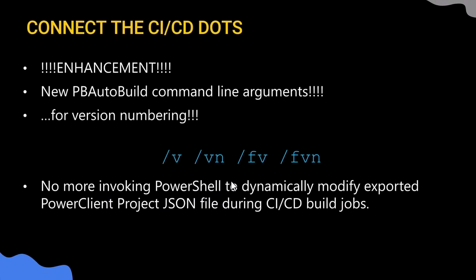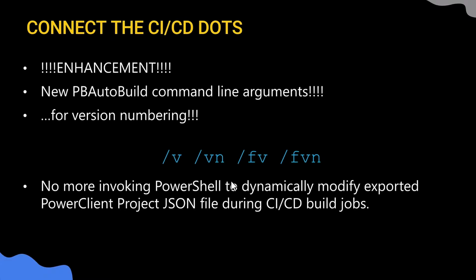And wow, this is the second of my two favorite enhancements as far as CI/CD, PowerClient, and PBAutoBuild. What we used to have to do before 2022 was we had to do things like invoke PowerShell to dynamically modify an exported PowerClient project JSON file for versioning.